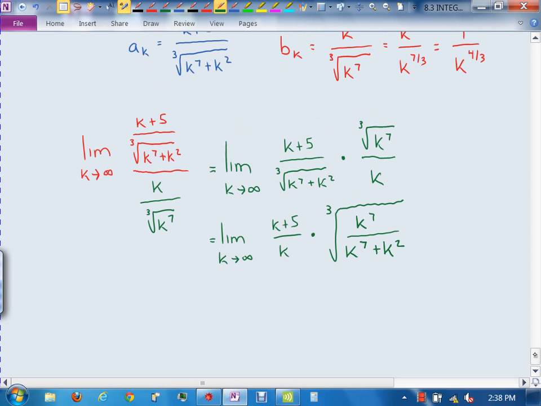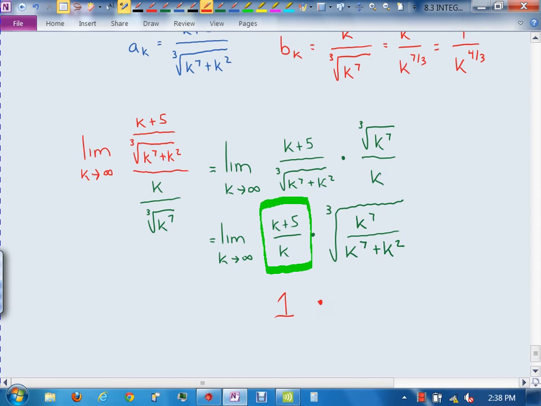Let's let k go to infinity. What happens right here? Infinity over infinity. Couldn't you do a little L'Hopital on that? What would you get? 1 over 1 times. Now over here, inside this cube root, you would have infinity over infinity, wouldn't you? You could do L'Hopital.